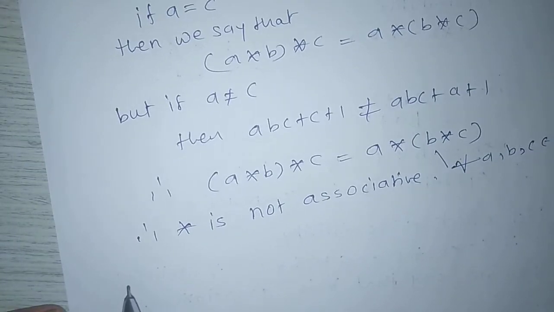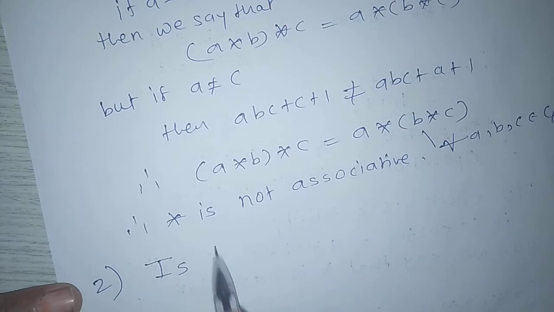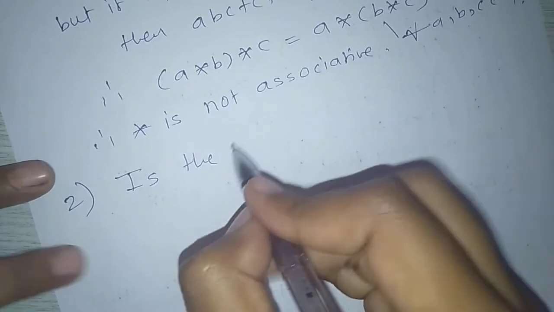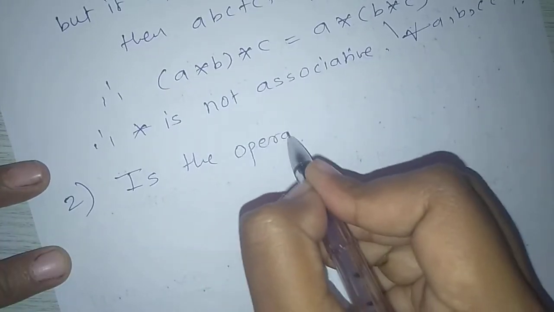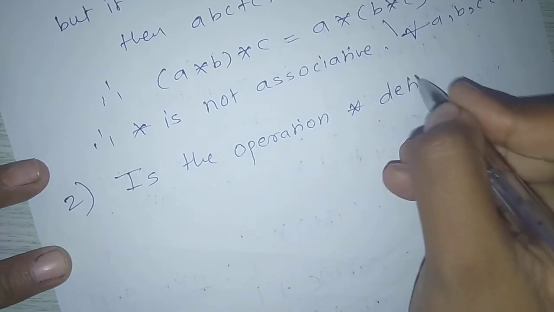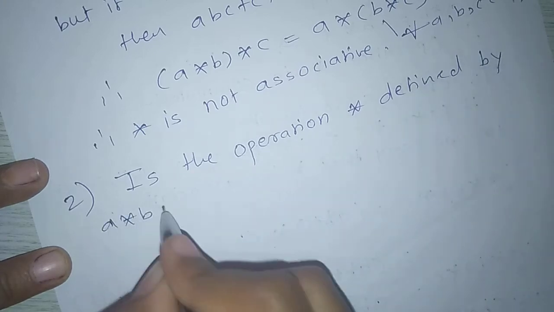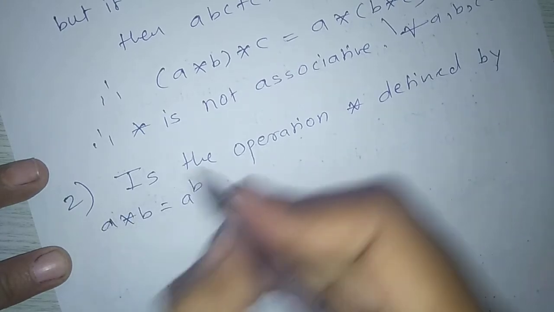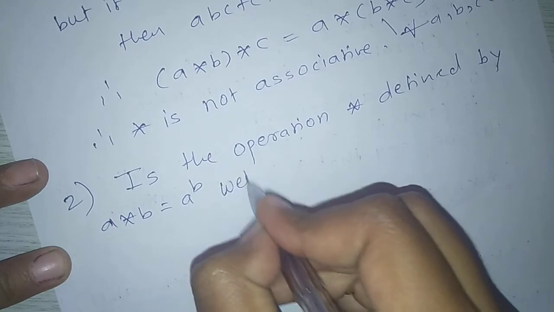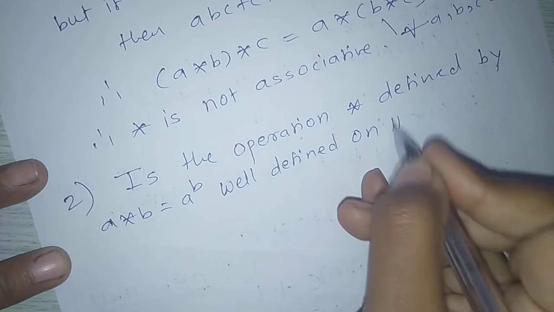Now, second example. Is the operation star defined by A star B equal to A raised to B well defined on natural numbers?